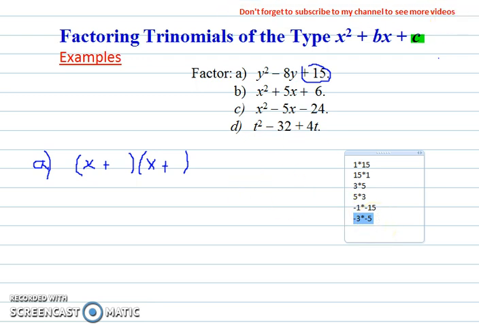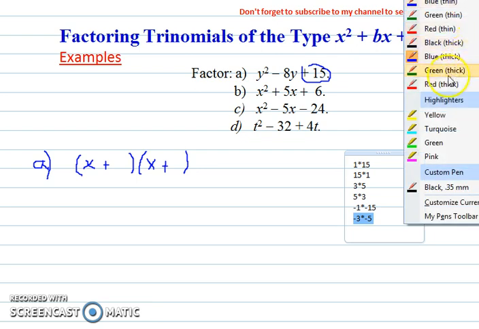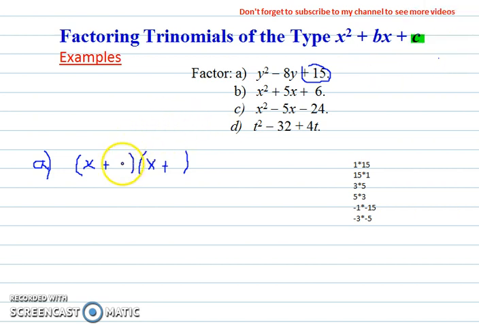So at this point, we need to factorize our trinomial by doing x minus instead of plus.